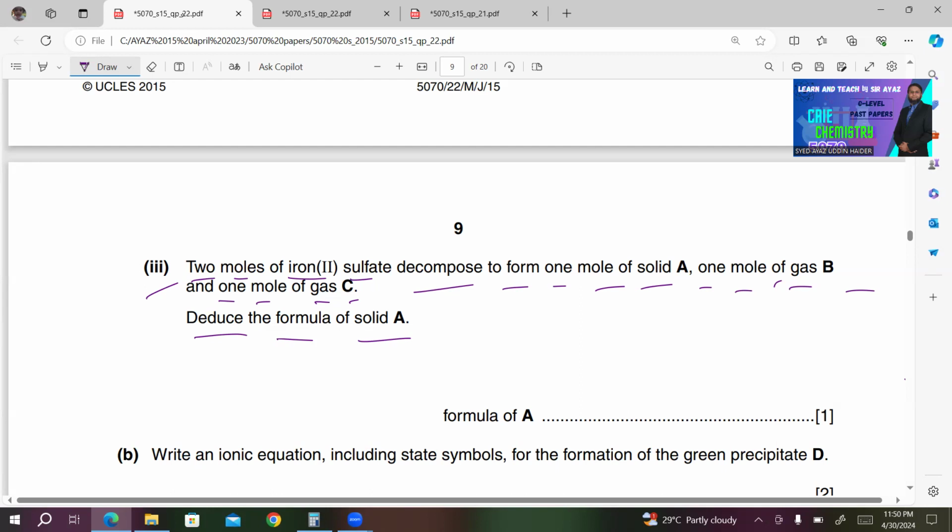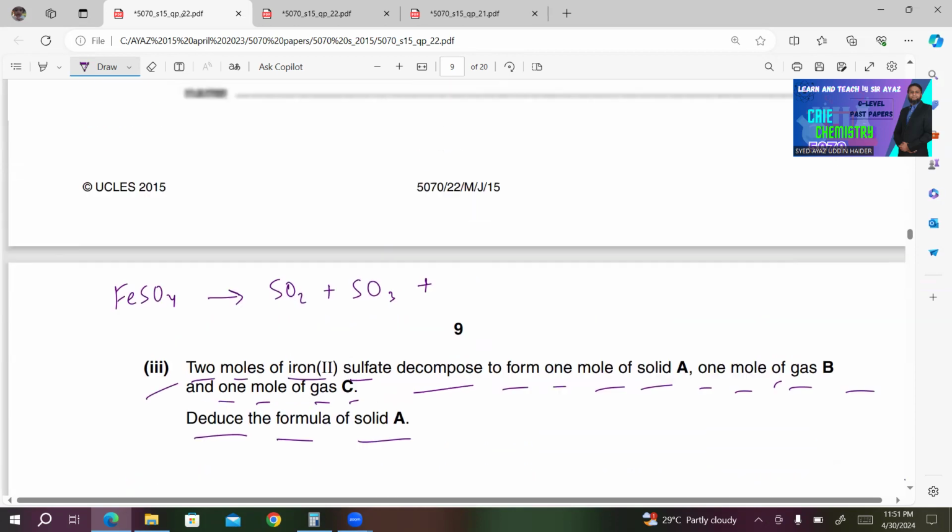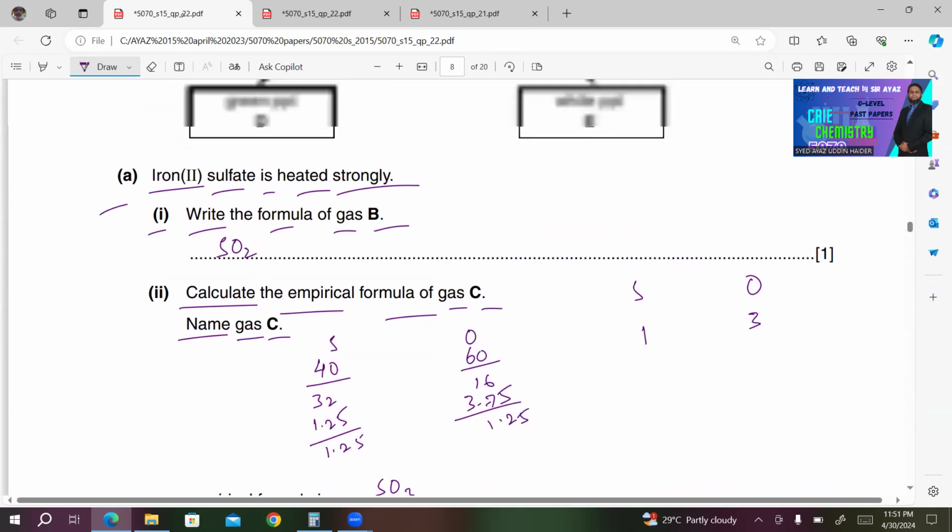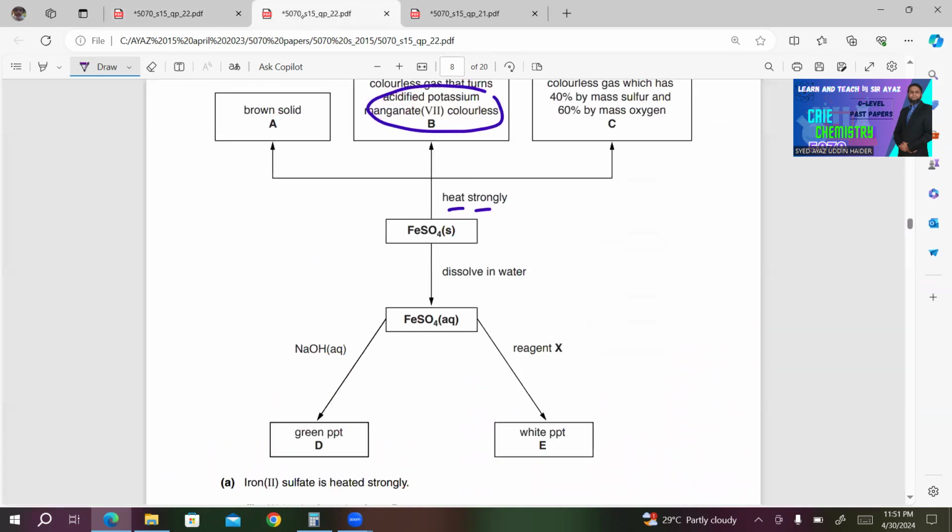If you write the equation for iron(II) sulfate, FeSO4, on decomposition, it's producing 1 mole of gas B, which is SO2, 1 mole of gas C, SO3, plus what is left. They are saying brown solid.